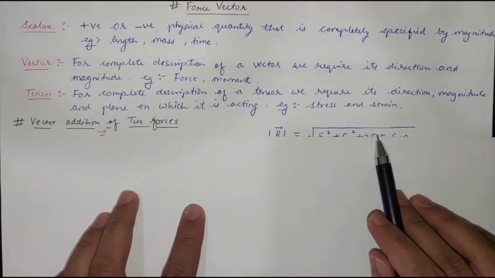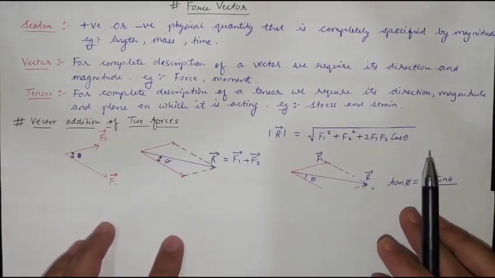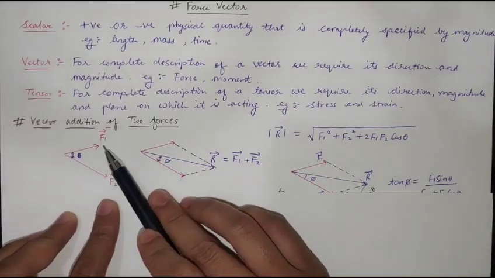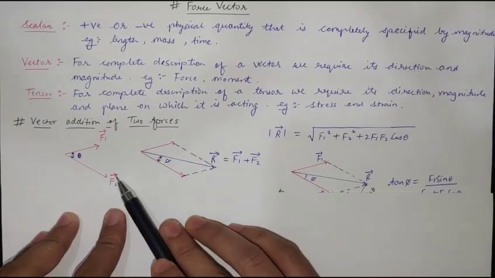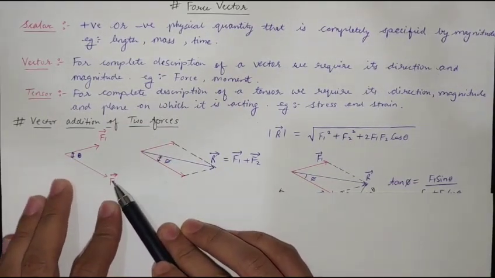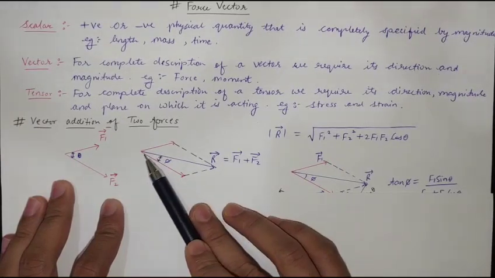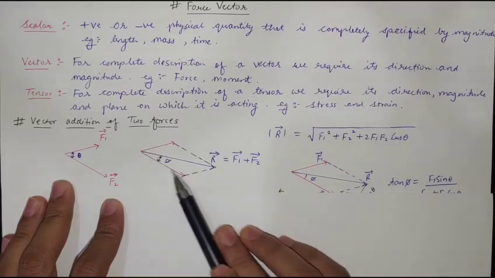So now we will look at the addition of two forces. In addition of two forces, if we consider force 1 and force 2 at some angle theta, then to find how these two forces combinedly affect the body, we have to simply draw lines parallel, like this.